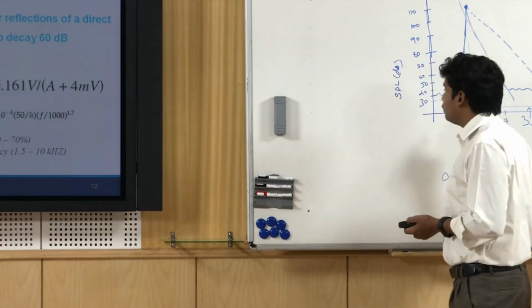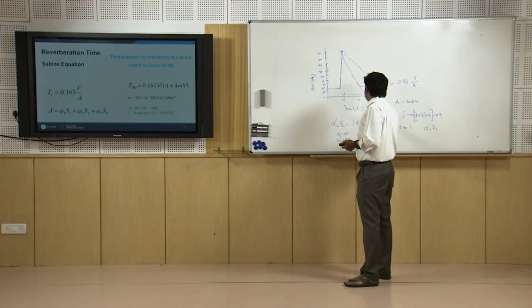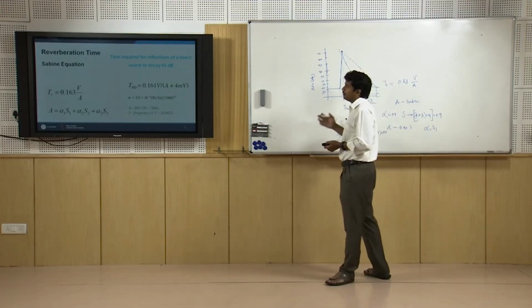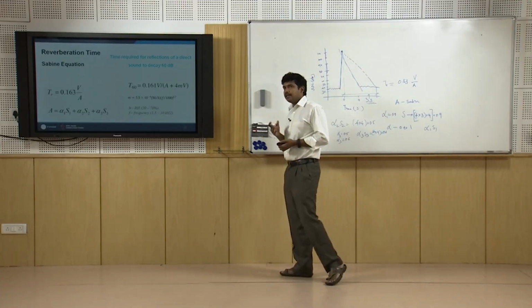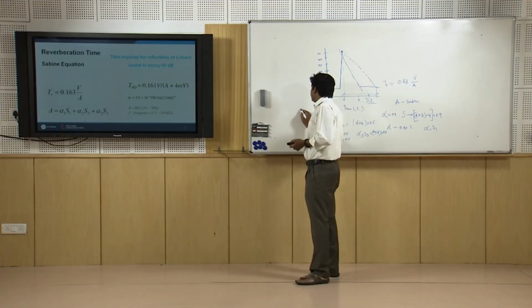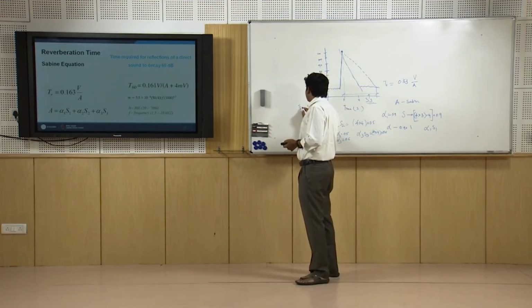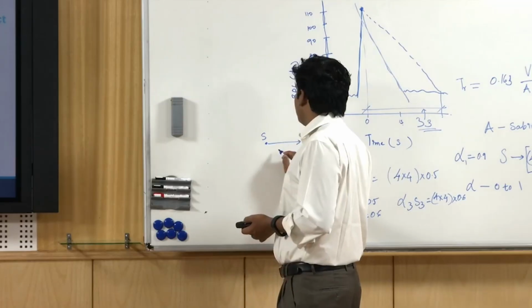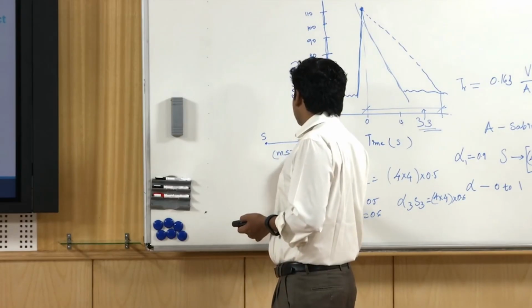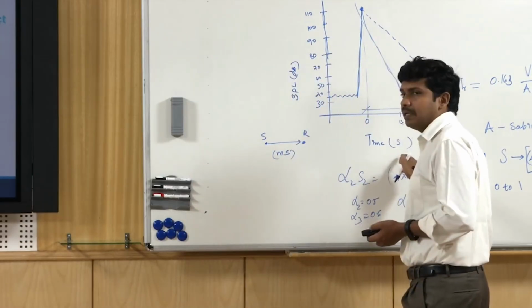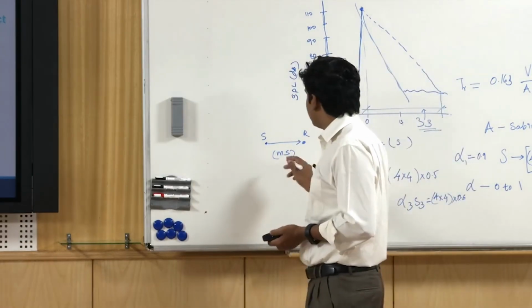This is exactly what we are talking about. If it is 3 seconds, there is going to be a lot of reflected sound. As I earlier said, the time taken for sound from the source to reach the point receiver will be in terms of milliseconds. We will come back to that discussion.